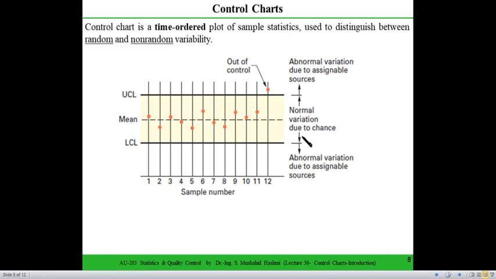Once your observation crosses this normal region, where the variations are only due to random effects, and that line, this upper line is called the upper control limit and this lower line is called the lower control limit. If your sample statistic is not in this yellow region but outside it, we call that process out of control.